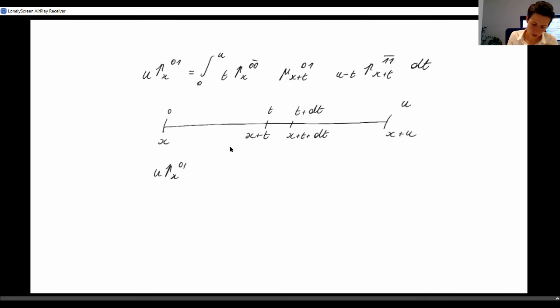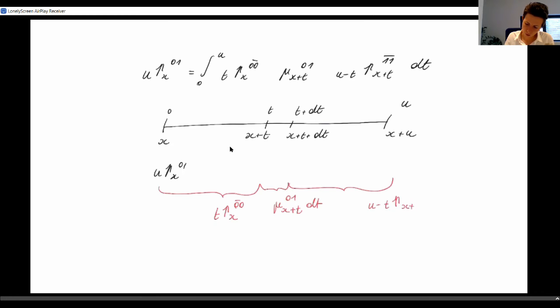And essentially what we're saying now is that you're going to stay in state 0 for an interval of length t. Then when you reach age x plus t, you're going to make the transition from 0 to 1. And then you're going to stay for the rest of the interval in state 1.